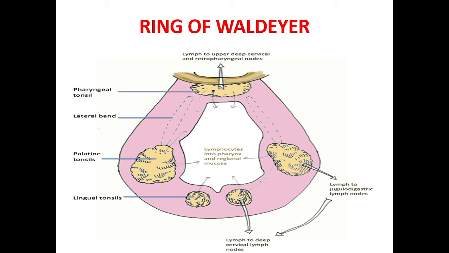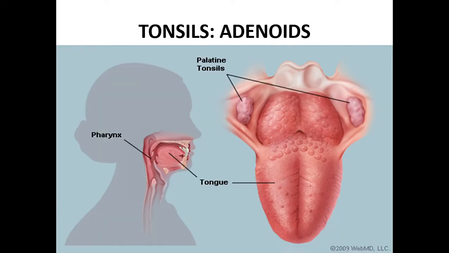We have the pharyngeal tonsil on the uppermost part, the palatine tonsils on both sides, and the lingual tonsil at the bottom. The pharyngeal tonsils are the adenoids. You can see here in the illustration the palatine tonsils on both sides, and under the tongue we have the lingual tonsils.